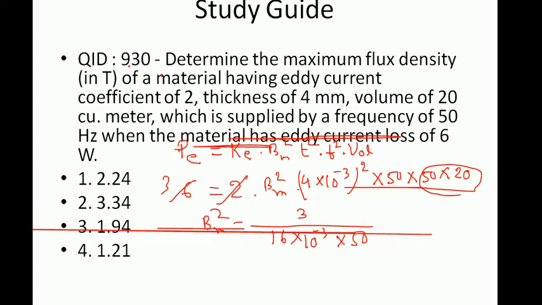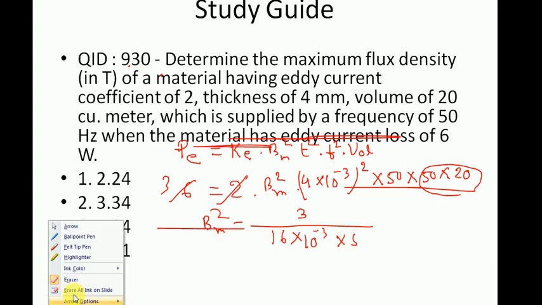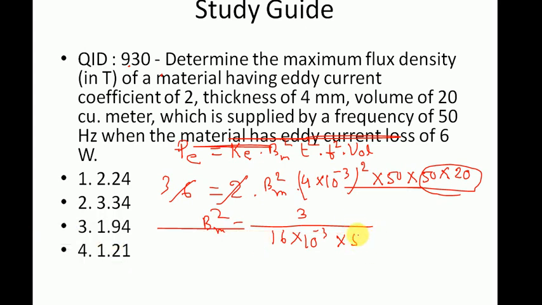So we have completed the calculations here, and this calculation is very simple, and you can do it without the calculator. Now 5 into 16, how much? 5 into 16 is 80. The 10 to the power minus 3, if it goes to the numerator, will be 10 cube, that is 3000.